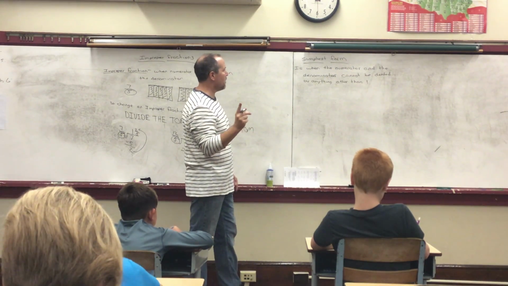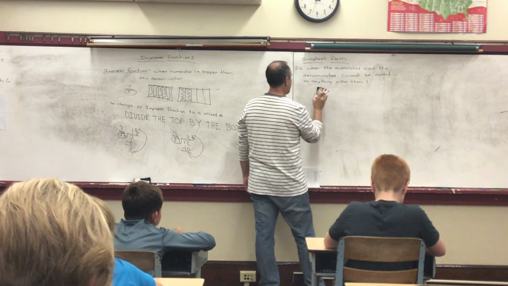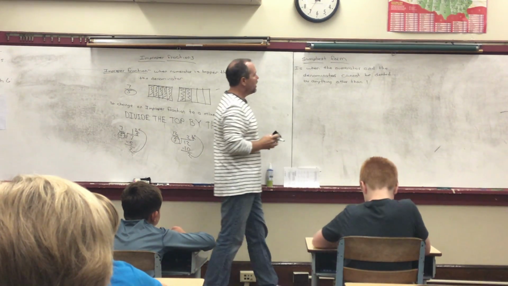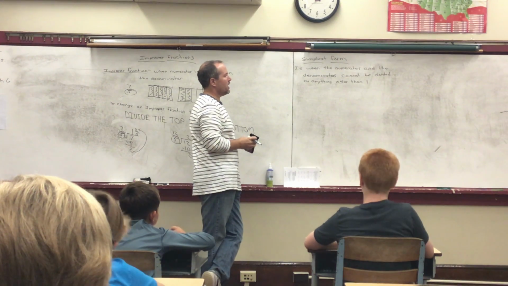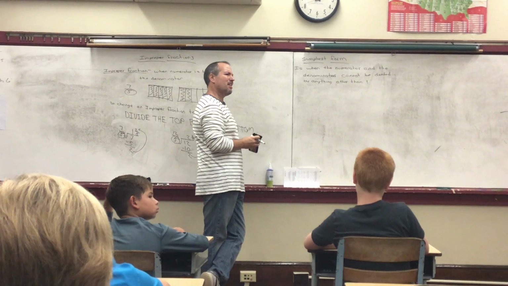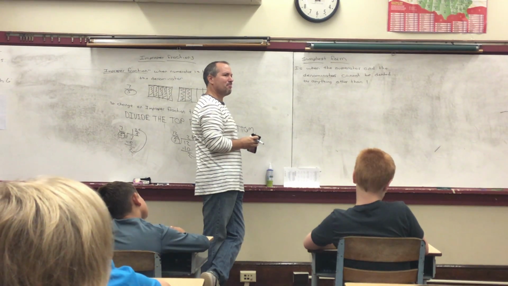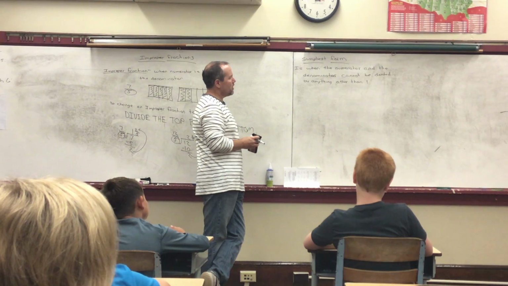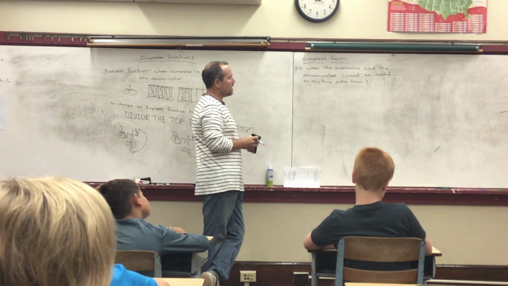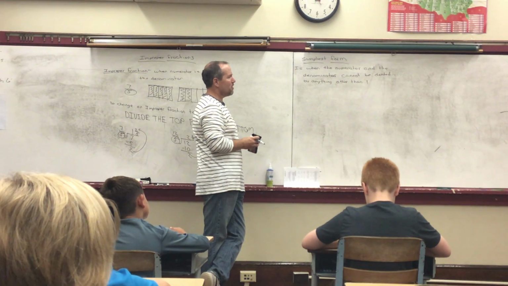Let me add something on it. Cannot be divided by the same number. How do I want to word it? Simplest form is when the numerator and the denominator cannot be divided by the same number other than 1. That sounds kind of confusing. I want to use the word reduced.